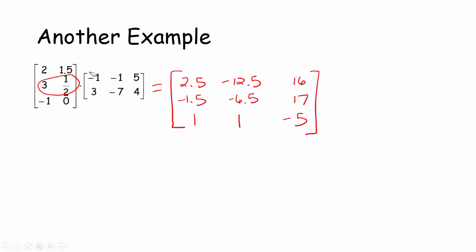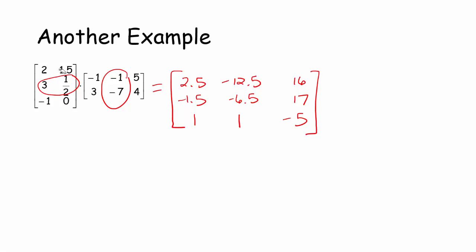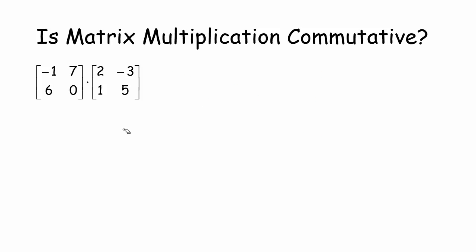And then if we did the second row in the second column, then that result would be that negative 6.5 there, and so on and so on. So why don't you really quickly finish that multiplication, make sure you agree with all these entries that you get in this answer, and if not, call over your teacher and they can help you with where you are stuck before you move on in the video.